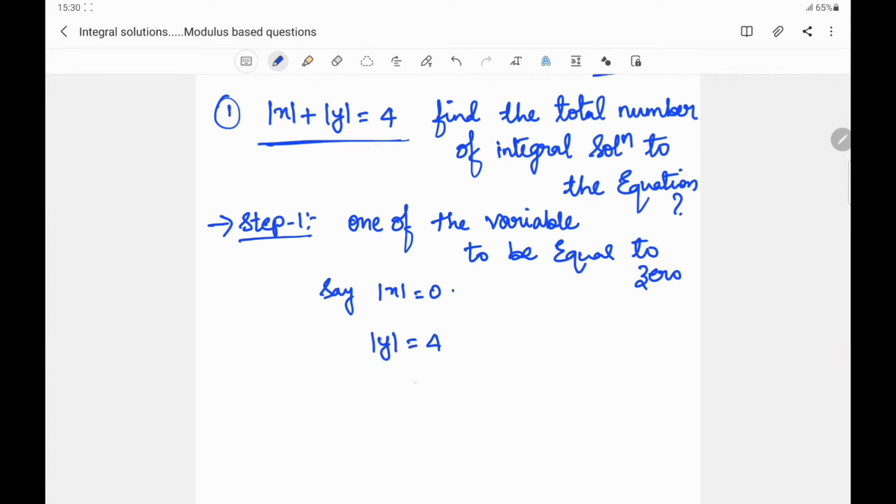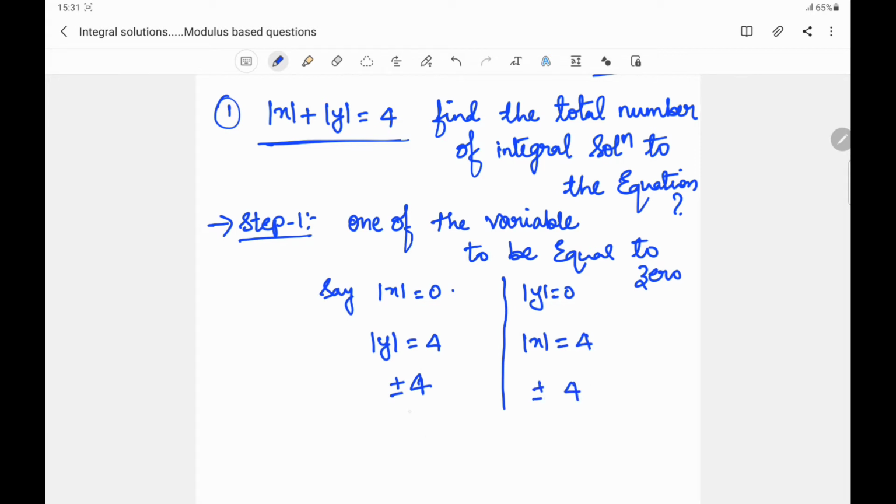Y can take 2 values, plus or minus 4. Similarly, if modulus of y is equal to 0, the equation will become modulus of x equals 4. X can take 2 values, plus or minus 4.